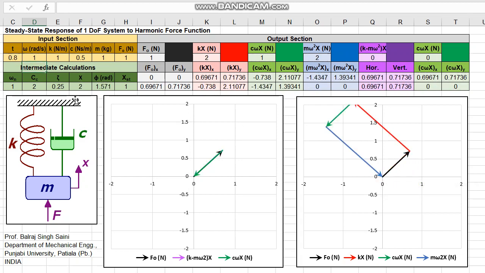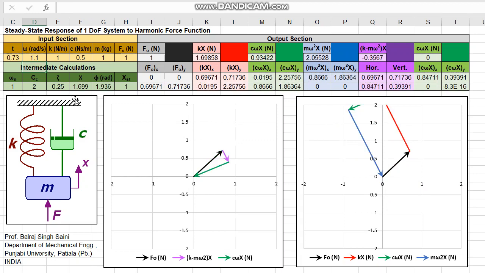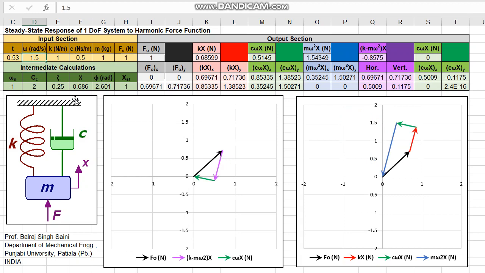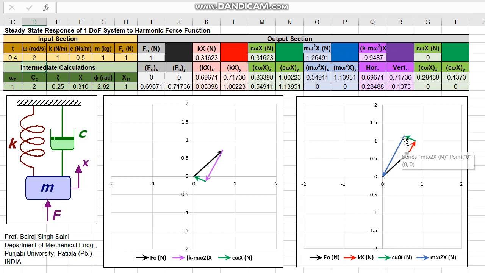Now as we go beyond the resonant frequency, I make it 1.1, the diagram again changes shape, I make it 1.5, and I quickly move towards higher values of omega, I make it 2. Now you can see here, it is the inertia force that is now going to oppose primarily the externally applied force.